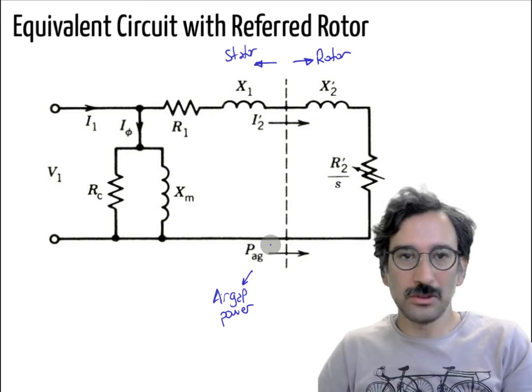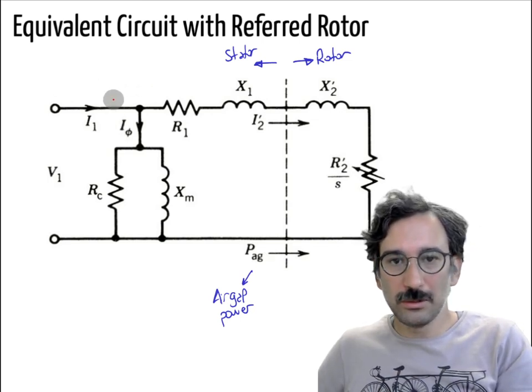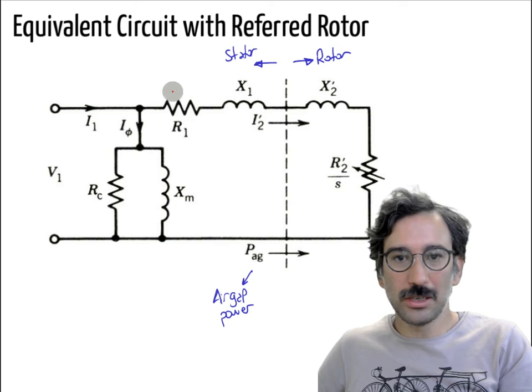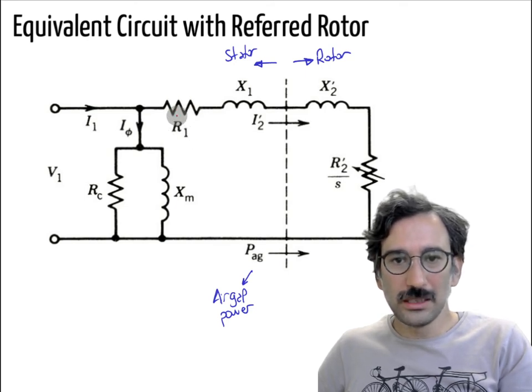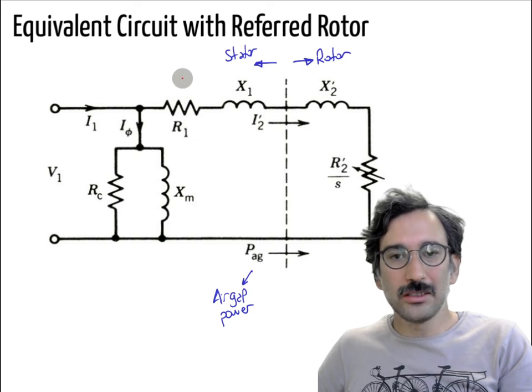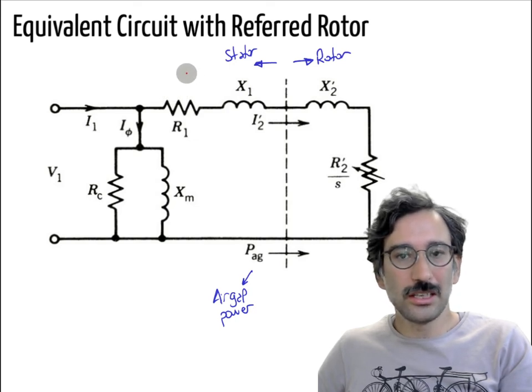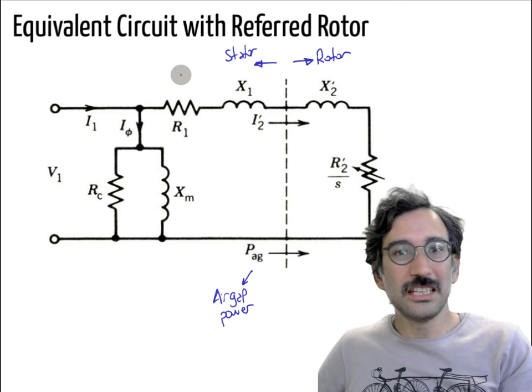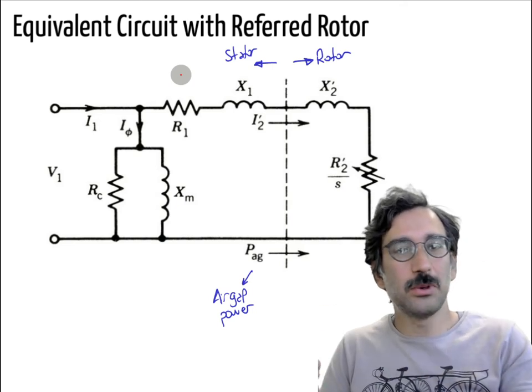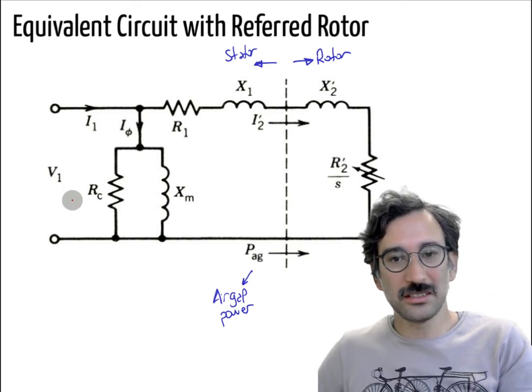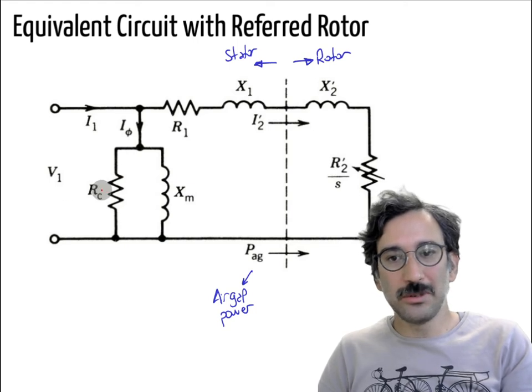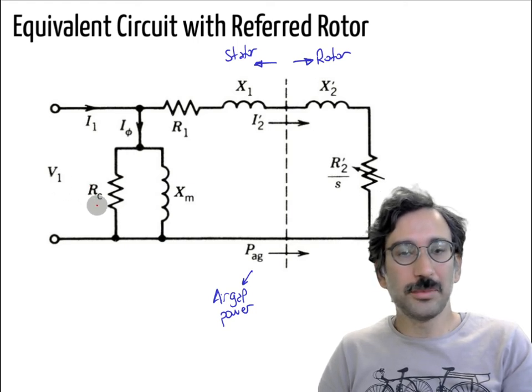If you think about it, there will be some losses. We will talk about those in the following videos, but for example, you will have I squared R1 losses, which is the heat generated in the copper windings of the stator side, and you will have V1 squared divided by RC.